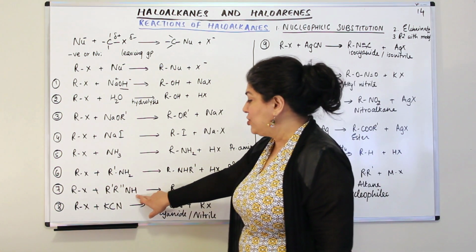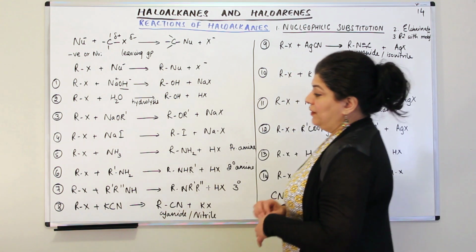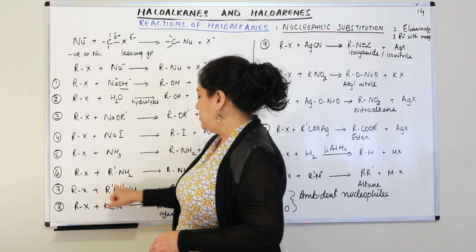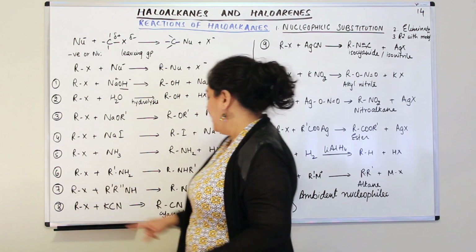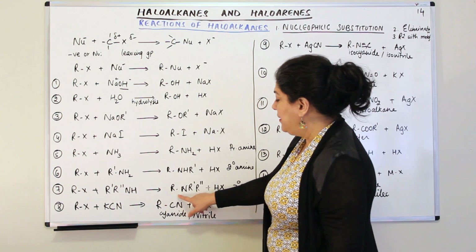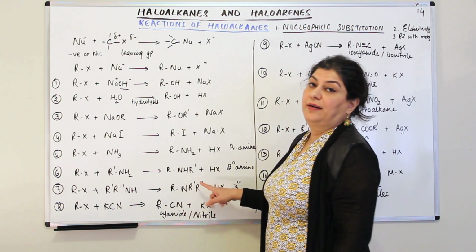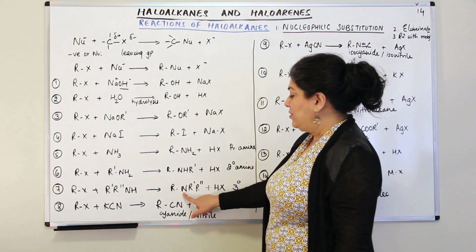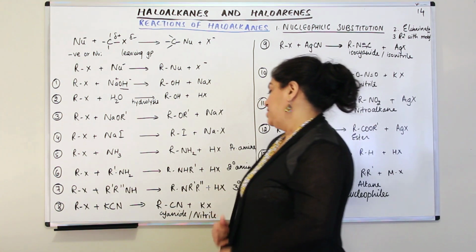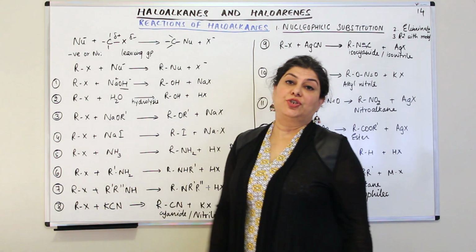So the third hydrogen also combines with the halogen, and this part acts as the nucleophile, and you get a tertiary amine. That is R-N-R' and R''. So to nitrogen, all three hydrogens of the ammonia have been replaced by alkyl groups, therefore this is a tertiary amine.